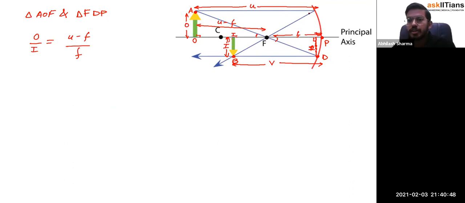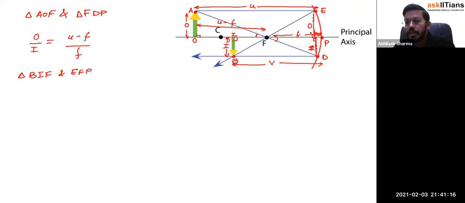Now let's look at the triangle. This I will name as E. Now the two triangles I want you to look at is BIF and the triangle EFP. Again, I will drop a perpendicular and this height, the perpendicular I have dropped, has to be the object. These two triangles are also similar.